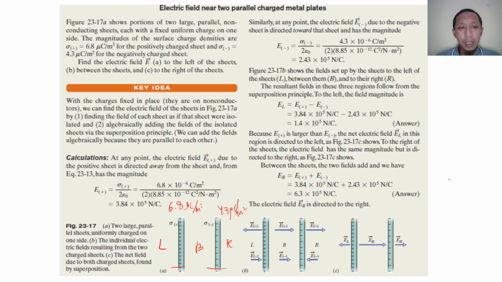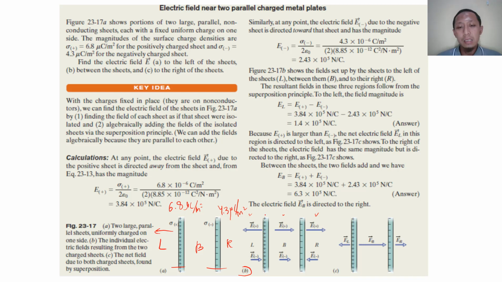E plus is from the positive charge. So this is the E plus, as you can see in B. This is E plus, this is E plus, and also here is E plus, because the direction of E plus is away from the positive charge.